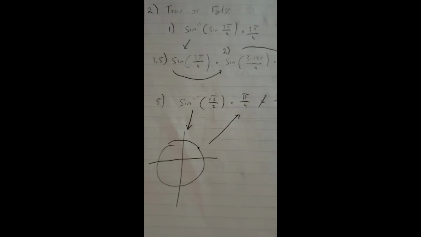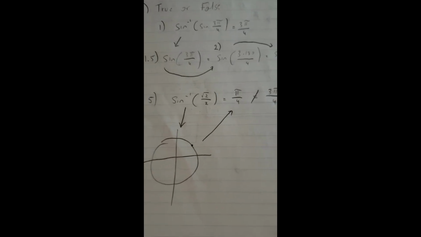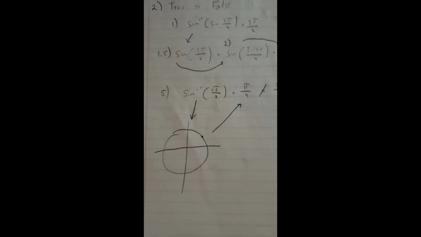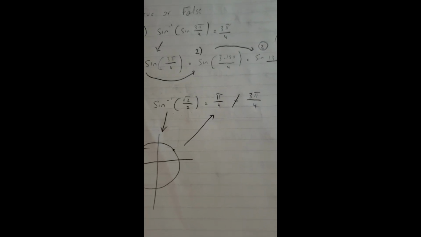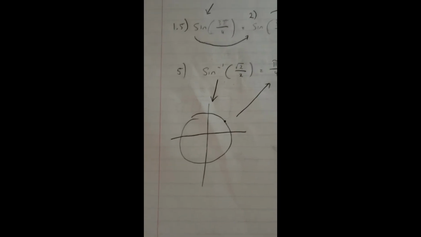So now, if we compute that, arc sine of square root of 2 over 2 will equal pi over 4, which is clearly not 3 pi over 4.